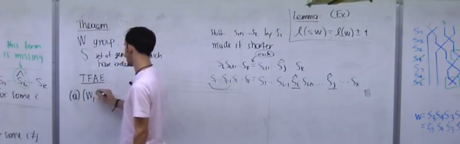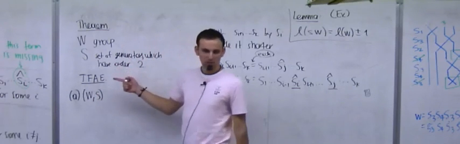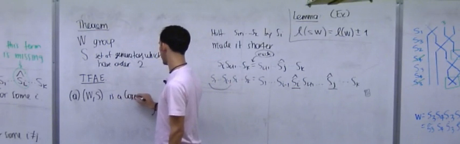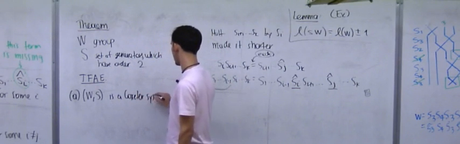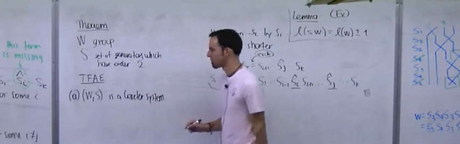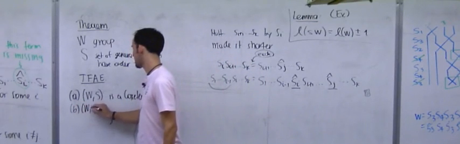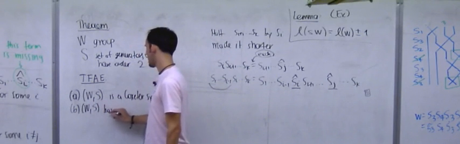First, that what I gave you really is a Coxeter system. Second, that it has the exchange property.